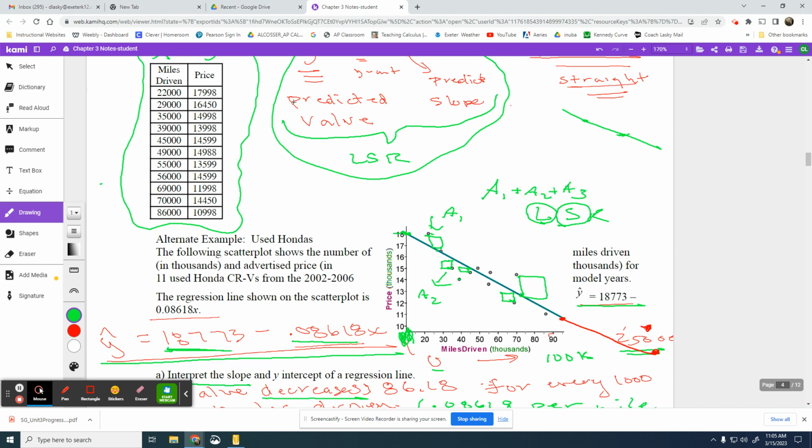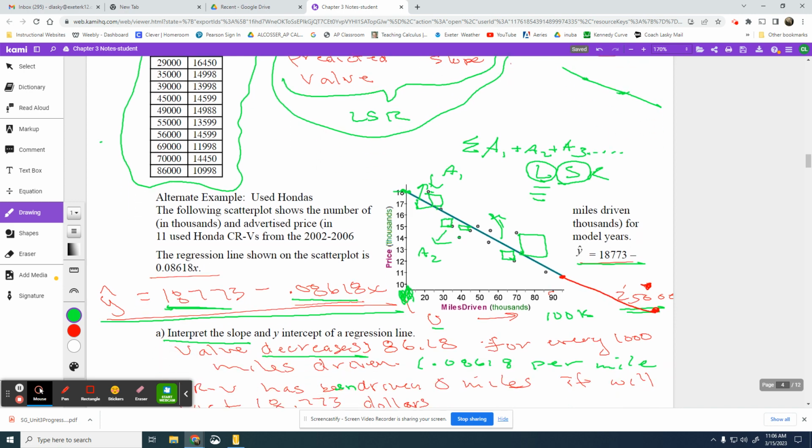So if you really think about it, it takes the sum of all the areas and it calculates it. Well, it looks as it moves the line around, up and down, sideways, all over. It twists the line. It does all these things to it. It looks for the value that is the least amount. So it's the least sum of all the squares. That's why it's called the least squares regression line.